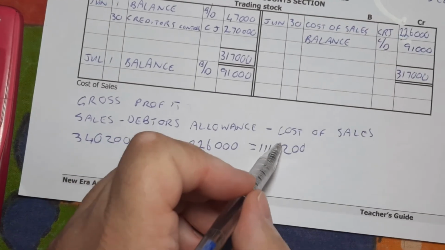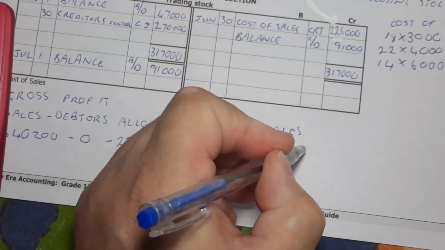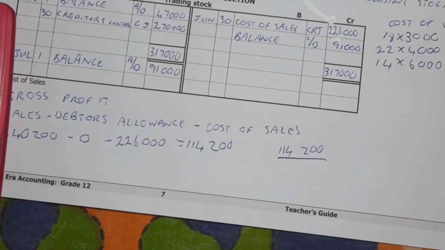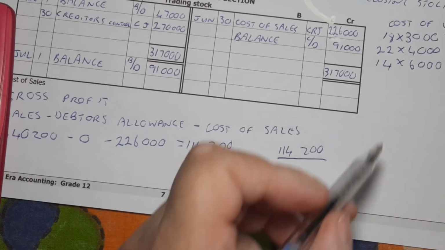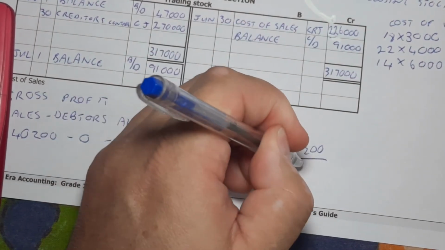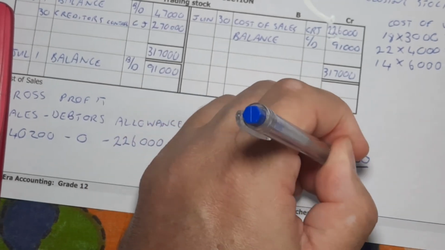So we would take the gross profit, which is 114,200, divide that by the cost of sales, which is 226,000, times 100.